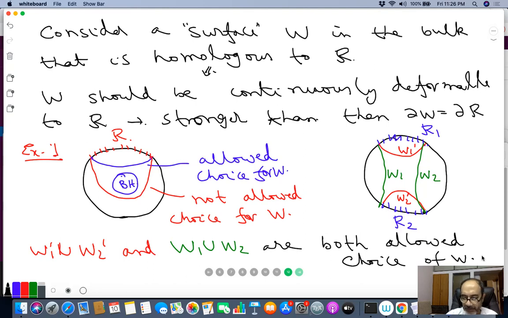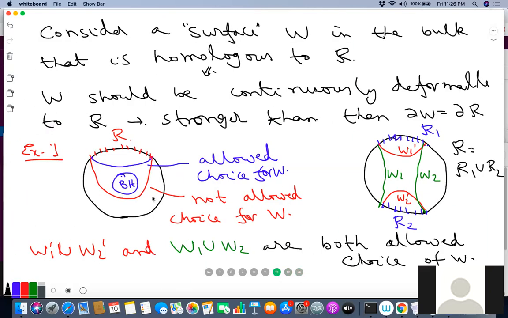I should have said here R is the union of R1 and R2. That's the definition. So I have so far said what are the allowed choices of this W. What we do with it, I'm going to say next.